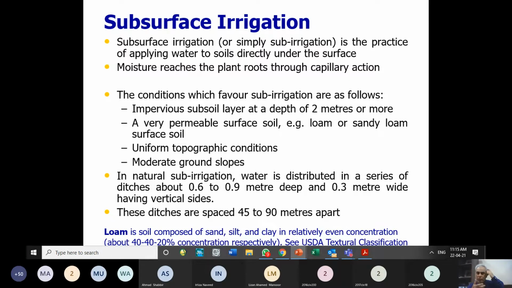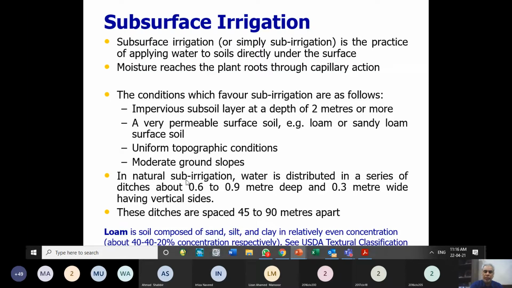So the upper layer should be a porous, very permeable soil layer at the top surface, and below 2 meters there should be an impervious layer. That is the condition. It should have a uniform topography, meaning unevenness should not be there. Moderate slopes are allowed, but uneven topography is not allowed.